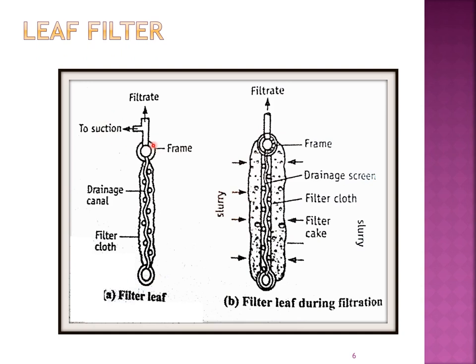Whenever we pass the feed over the filter cloth, which can be rectangular, circular, or any desired shape, the liquid penetrates inside and, due to the suction, is collected as filtrate. The solids accumulate on the filter cloth and can be removed by passing air in the reverse direction.